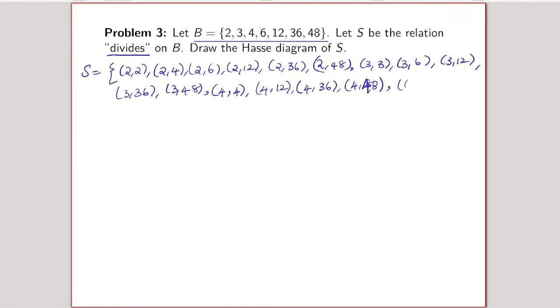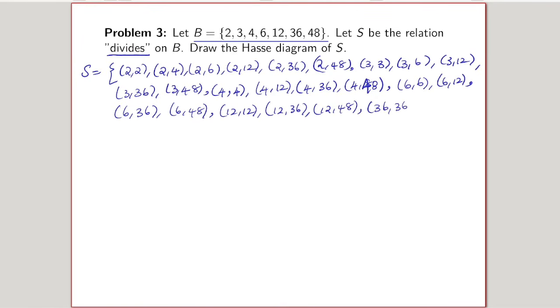Next one, it is (6, 6), (6, 12), (6, 36), (6, 48), and then (12, 12), (12, 36), (12, 48). So next one is (36, 36). Next entry will be (48, 48).